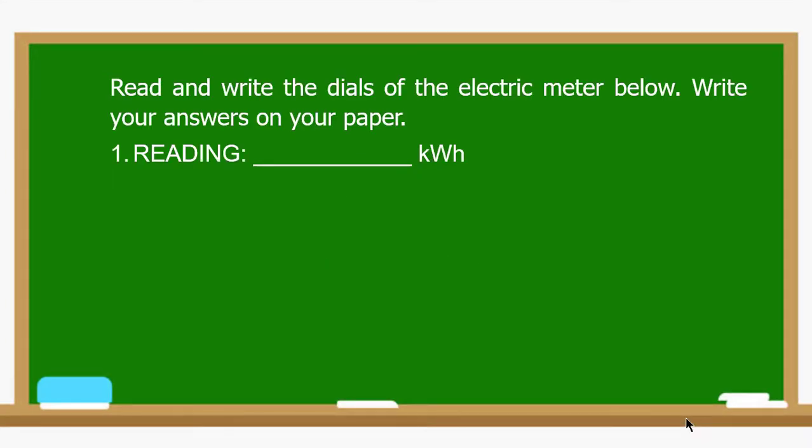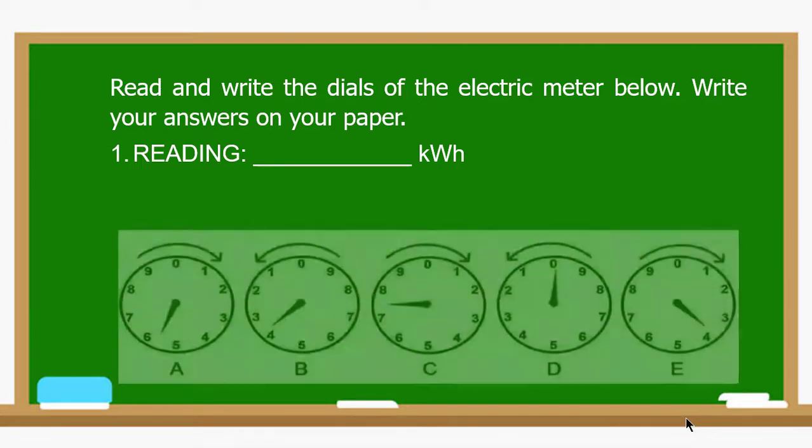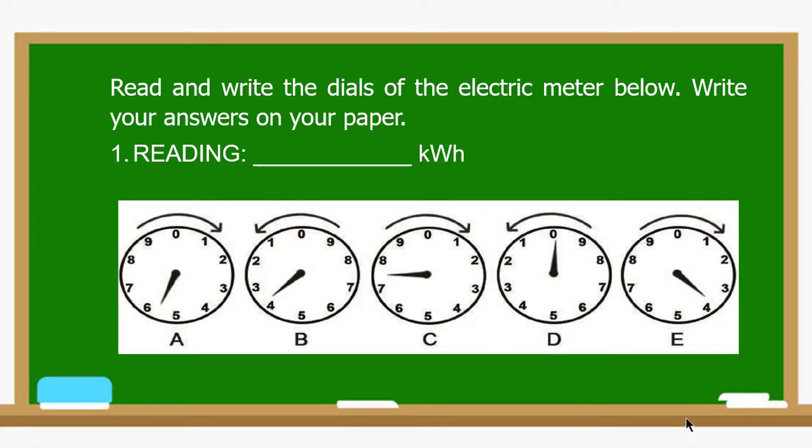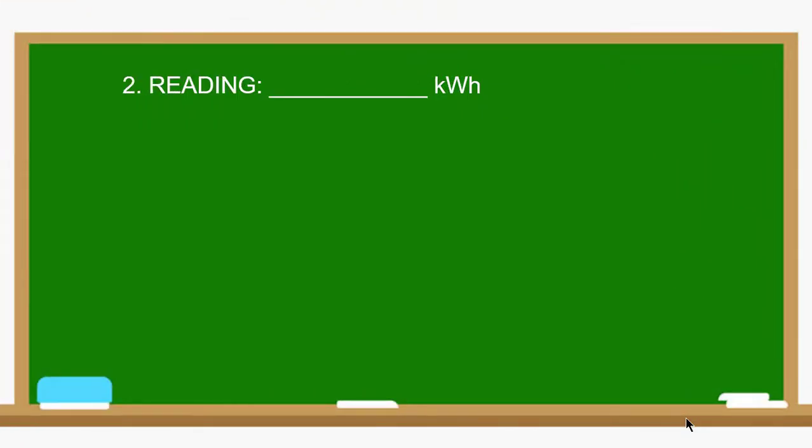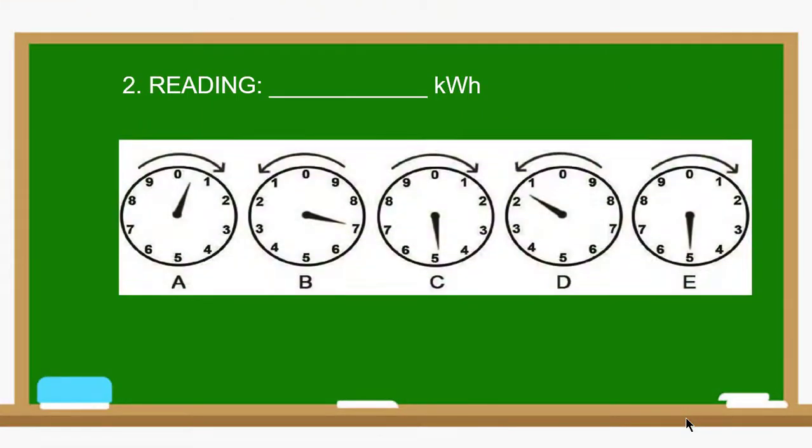Read and write the dials of the electric meter below. Write your answers on your paper. Number 1. What is the reading in kilowatt-hour? Number 2.